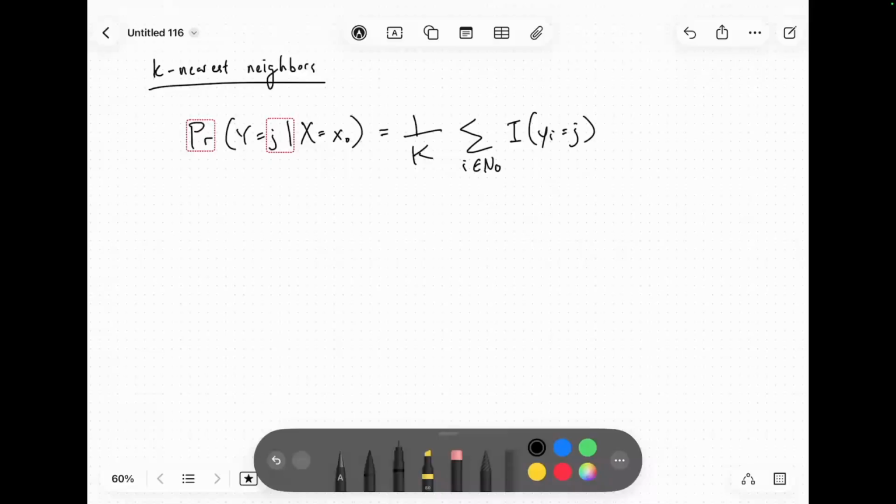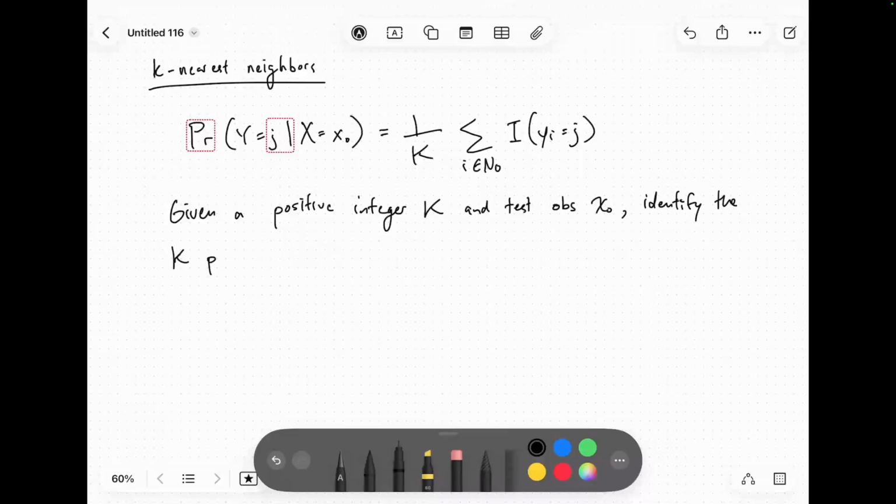Okay, and the way to interpret this, so given a positive integer k and test observation x0, identify the k points closest to x0, represented in the equation by n naught.